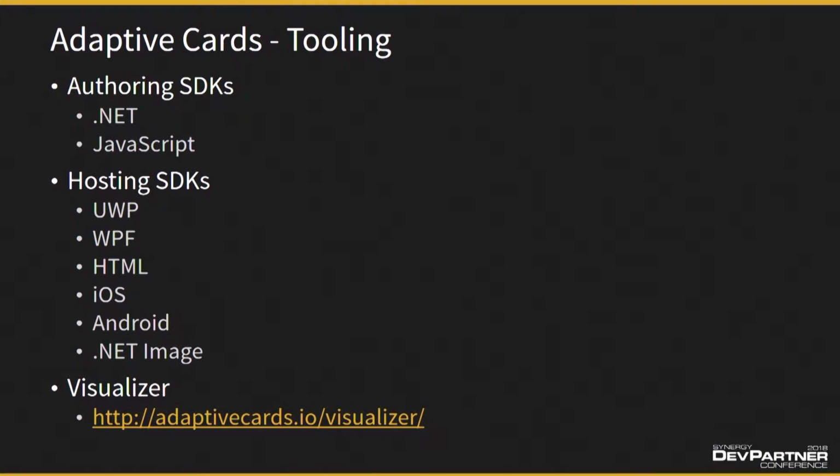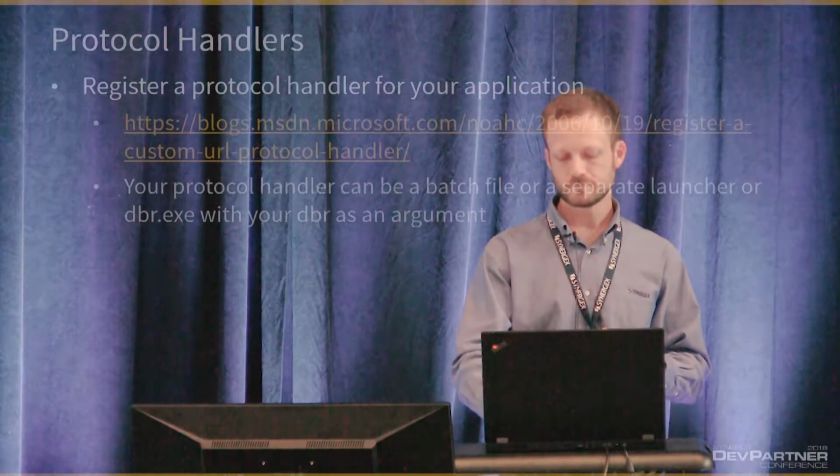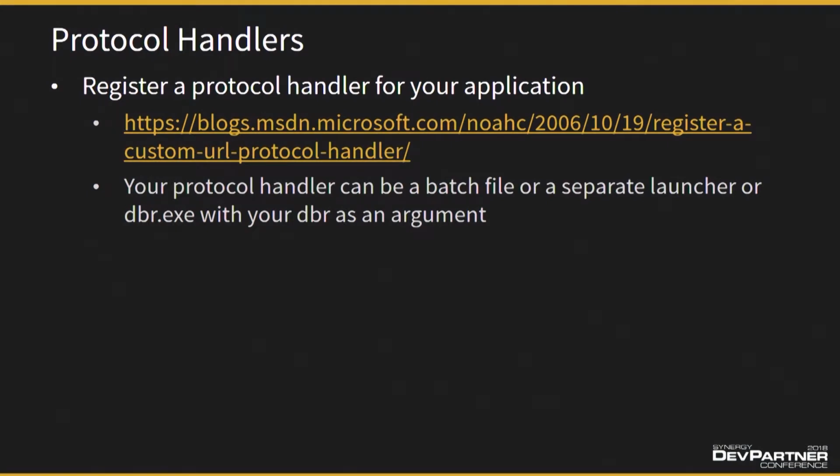Also, there are some relatively helpful tools at the link that I have here for adaptivecards.io. That is a visualizer, so you can put in the adaptive card JSON that you've come up with, and it will render it for you in the various native apps and tell you what it's going to look like if you actually use it.